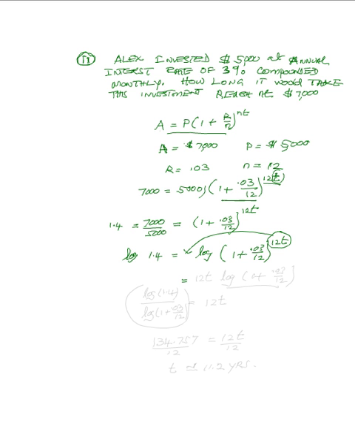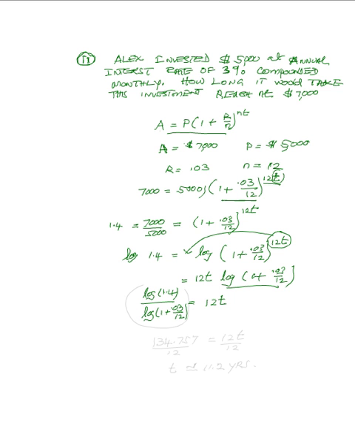So we'll have 12t times log of 1 plus 0.03 over 12. Now, if you divide both sides by log of 1 plus 0.03 over 12, we'll have 12t equals log of 1.4 divided by log of 1 plus 0.03 over 12.